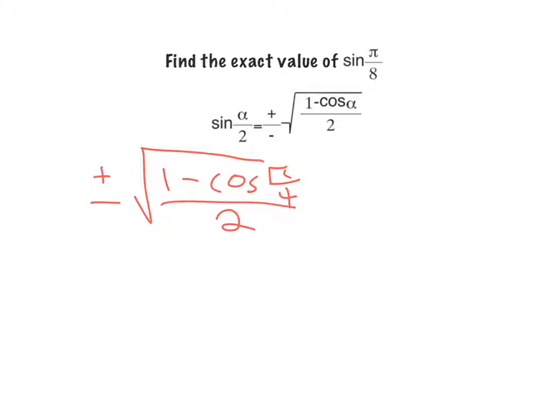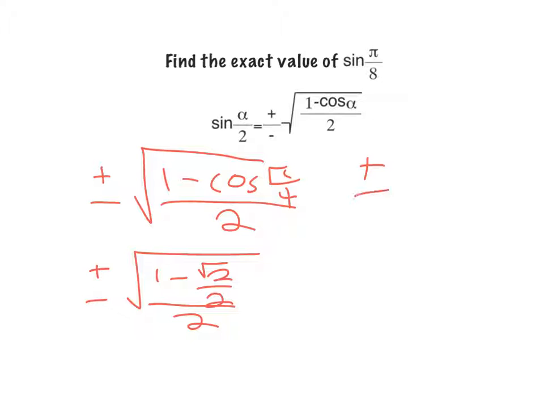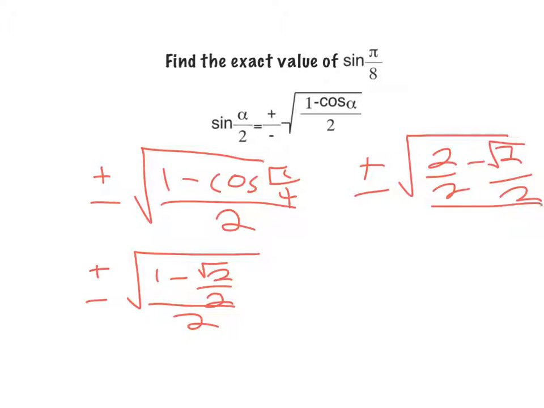So we're going to take that and simplify it down into 1 minus root 2 over 2, over 2. And then from there, we turn this into 2 over 2 minus root 2 over 2, over 2.